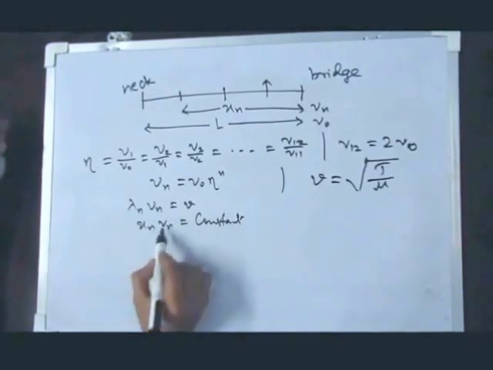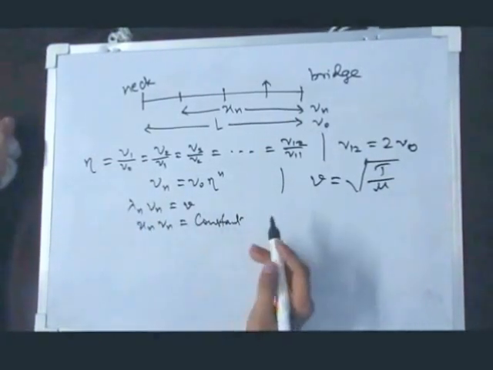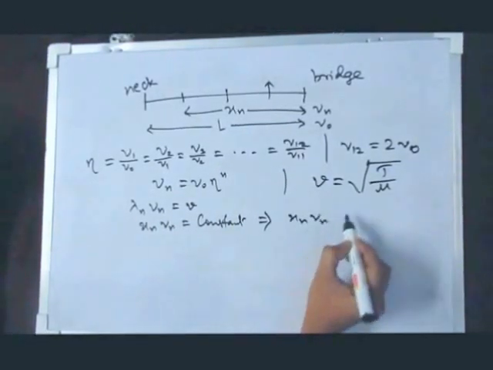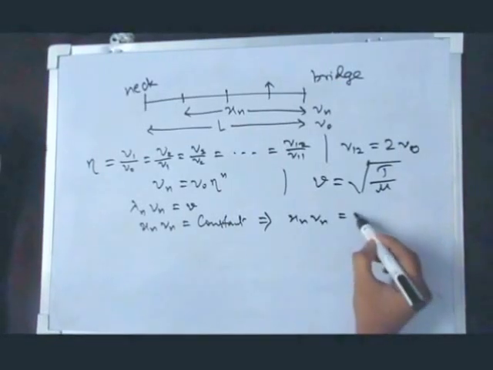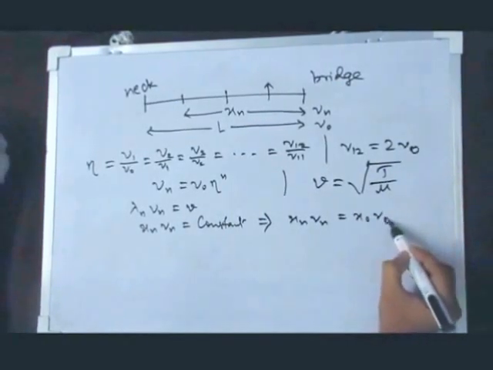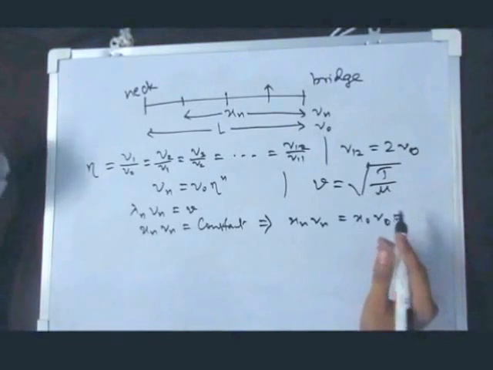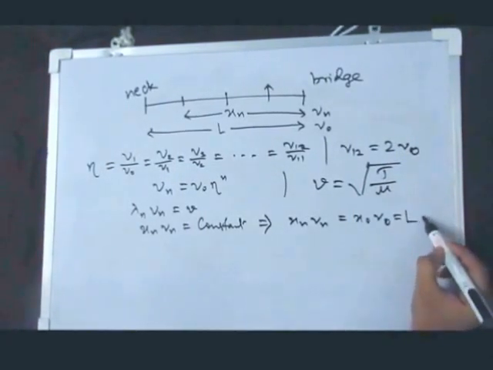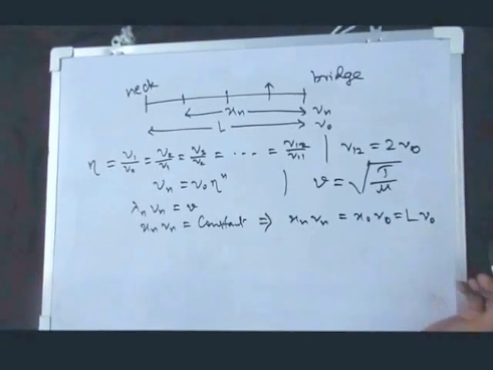What's important is that these two numbers multiply to give me a constant, which means xn nu n equals x naught nu naught. But we know x naught, that's the length of the vibrating part of the open string, is just the whole length of the string, and nu naught is the frequency of the open string.